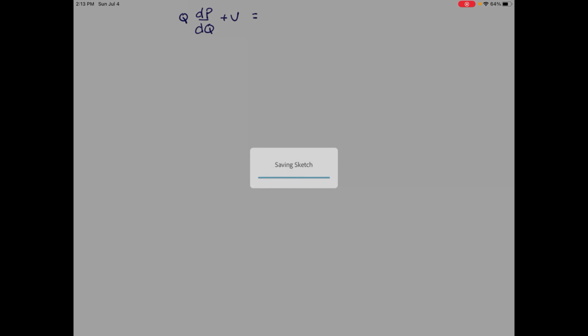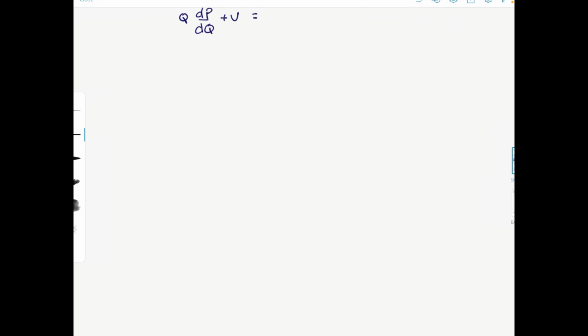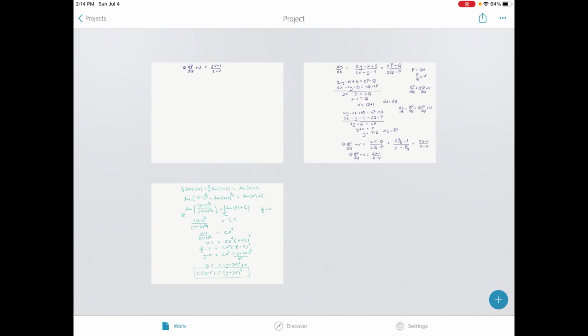Okay, so we have q dp dq plus v equals, what was that again? What'd we say that was? 2v minus 1 on 2 minus v. Just make sure I got it.